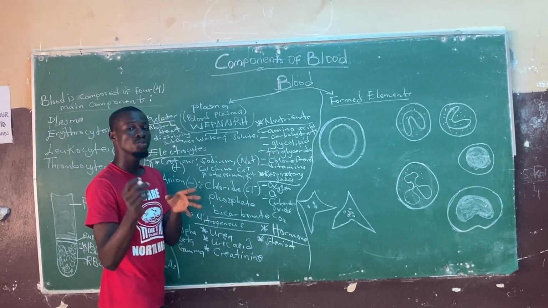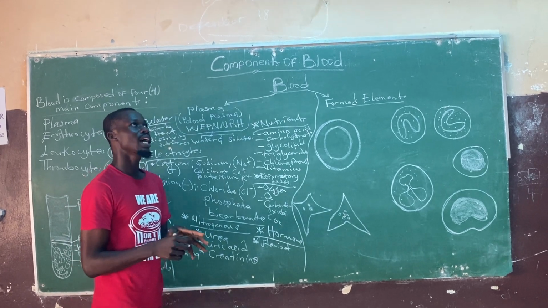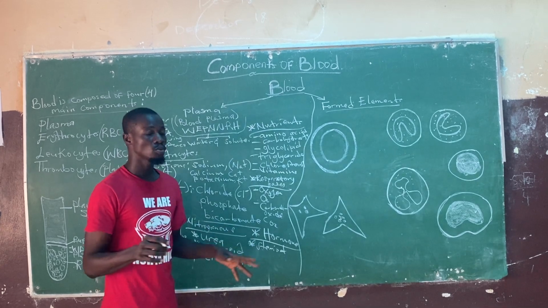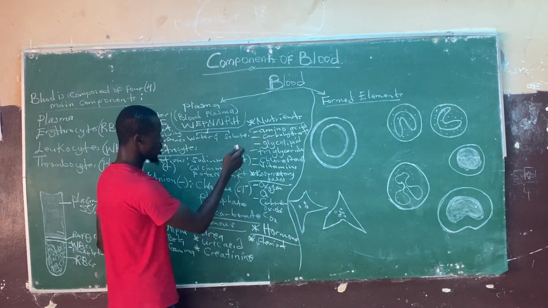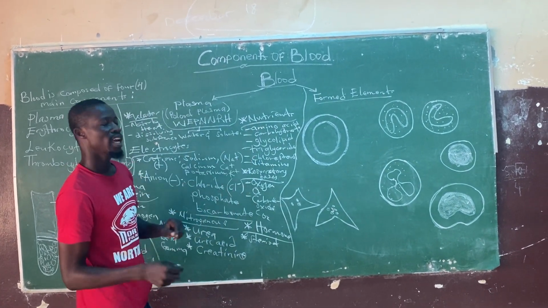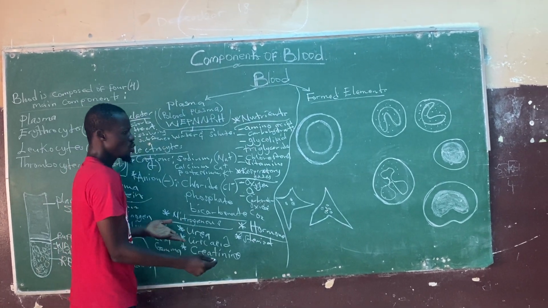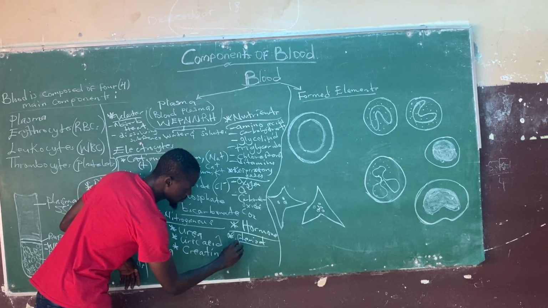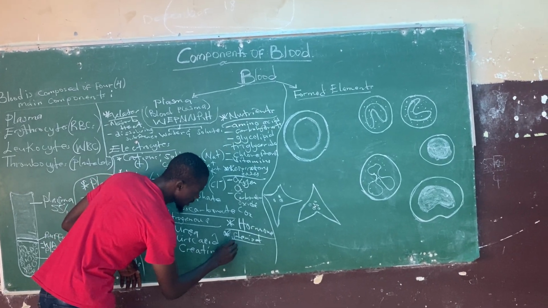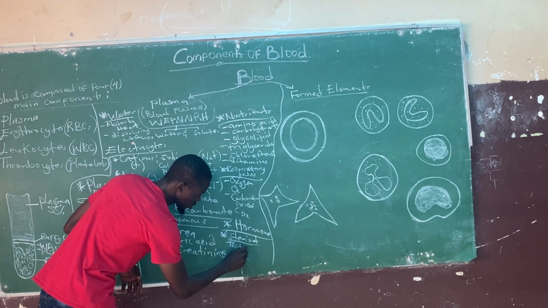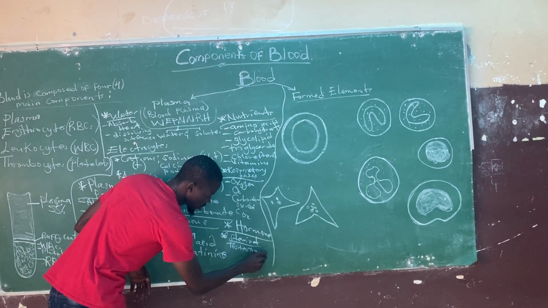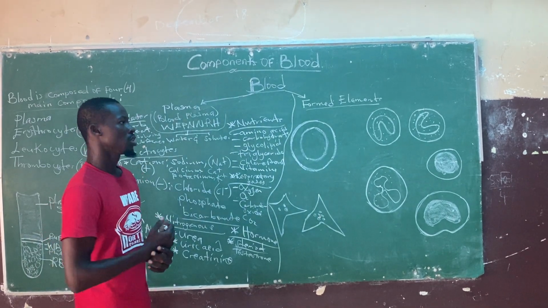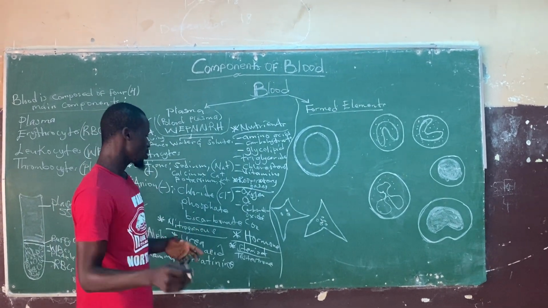Steroid hormones are produced from cholesterol. For example, we have testosterone or progesterone; these are all steroid hormones.